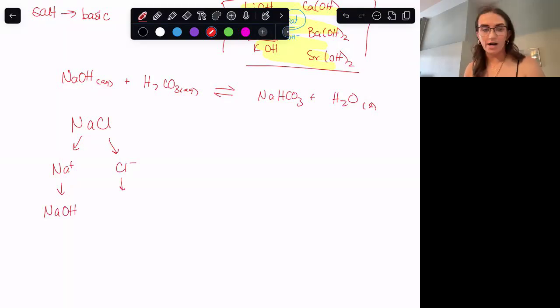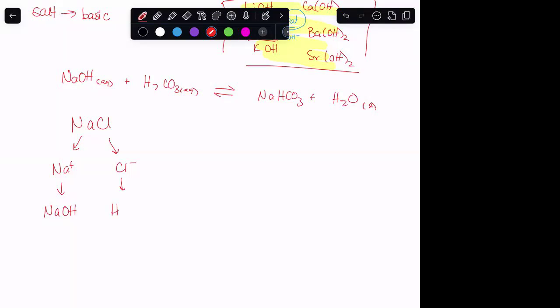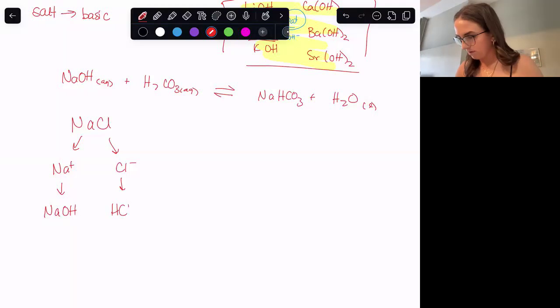What acid does chloride come from? HCl. Perfect. Yep, it's HCl. So if we have NaOH and HCl, what do we categorize this as? What is sodium hydroxide as a base?